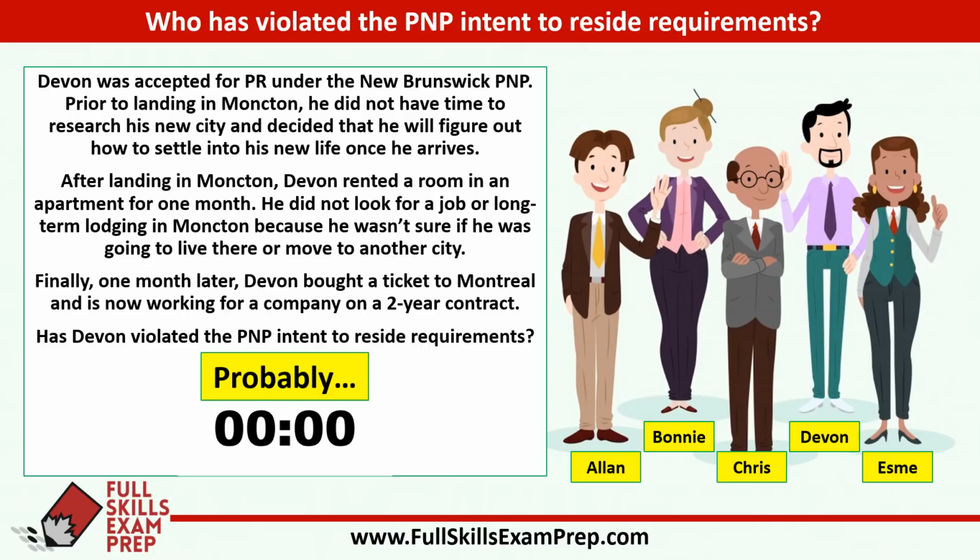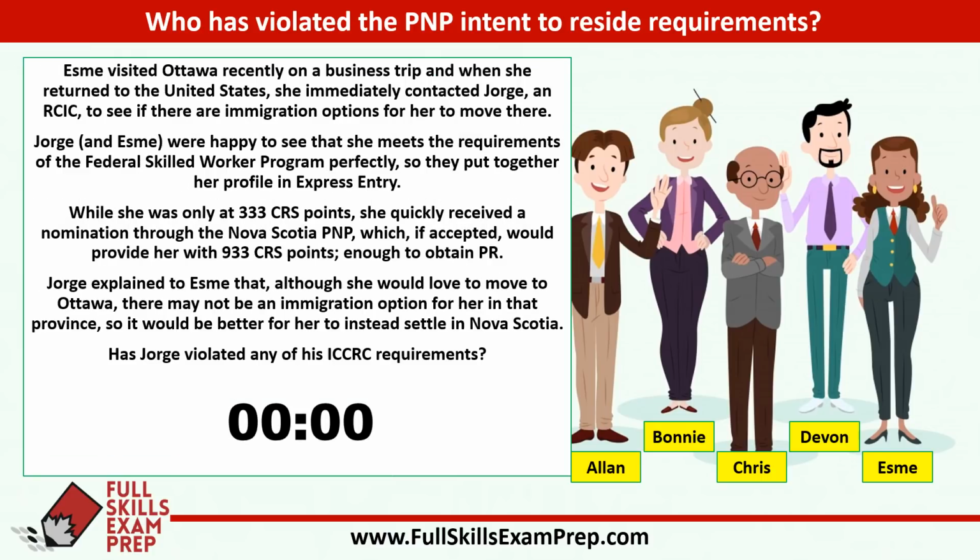So maybe that was his plan all along, right? And with this, if that was his plan, well, he's obviously committed fraud and should receive an inadmissibility due to misrepresentation. And with the fact that he also landed in Moncton and didn't really attempt to do anything, it looks like, anyways, from the story. So anyways, we would say, yeah, probably he violated those intent to reside requirements.